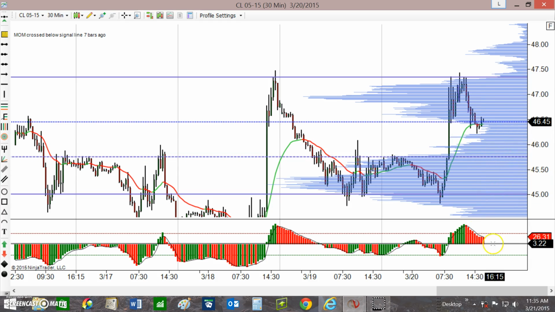So I'm going to be watching the momentum of the SMI to see if it's breaking zero on my 30-minute chart.